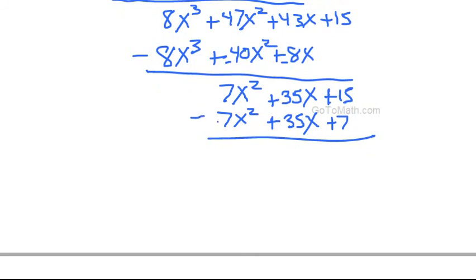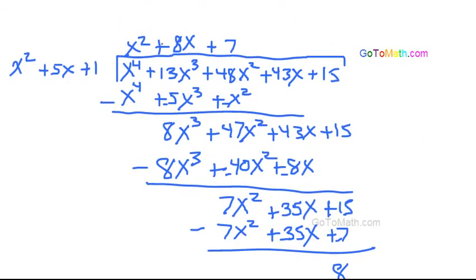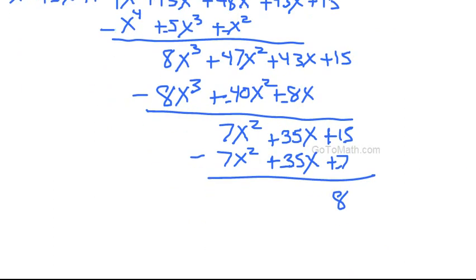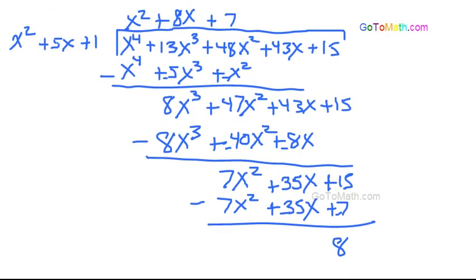Okay, so we got minus. That's going to make that a minus, that a minus. And 5 and 3 is 8. Is that right? Yeah. Okay, so we're going to have x squared plus 8x plus 7 plus 8 over x squared plus 5x plus 1. We better hurry.